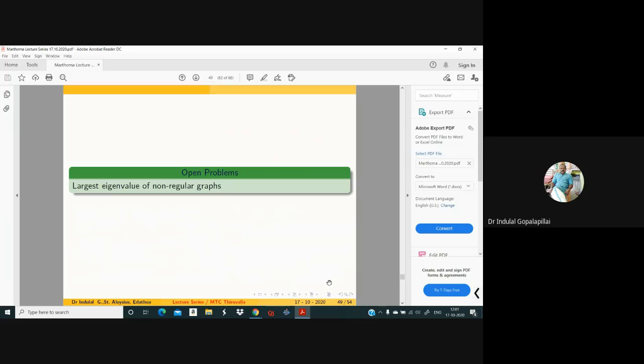Another aspect of the problem is removing vertices from the graph. How can you compare the largest eigenvalue of a graph G and the vertex-deleted subgraphs G minus v? Another advanced problem along this line is, can we reconstruct the spectrum of the graph from the spectrum of the vertex-deleted subgraphs?